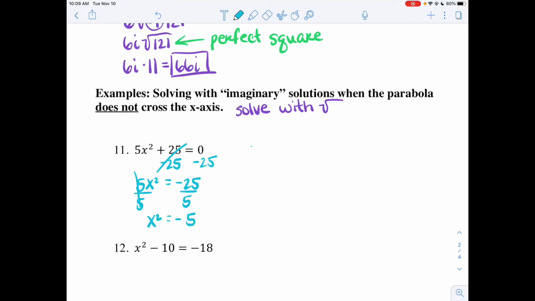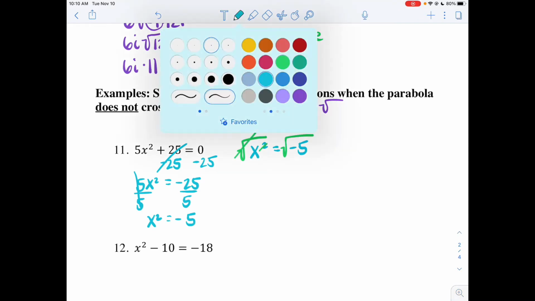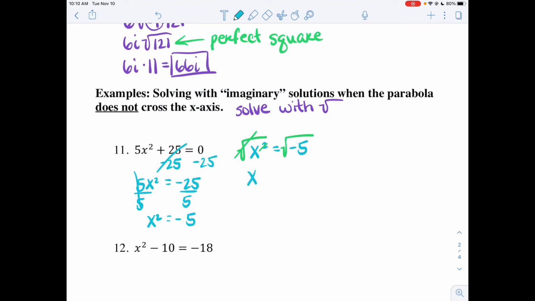Let me rewrite that up here so that I have room to work. So I'm going to go ahead and do the square root of each side because I want to cancel the squared. So the square root and the squared cancel, leaving me with x on this side. But on the other side, I have plus or minus square root of negative 5.